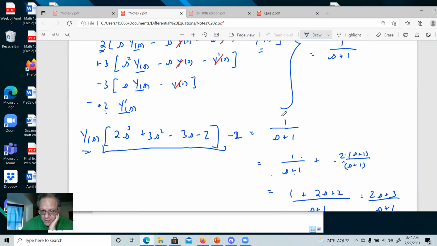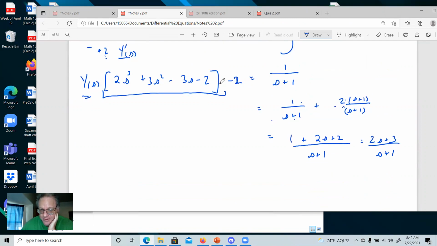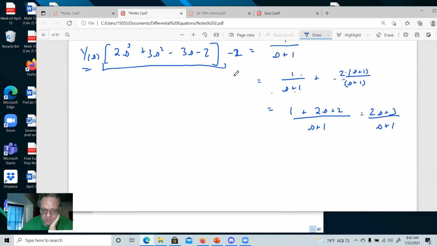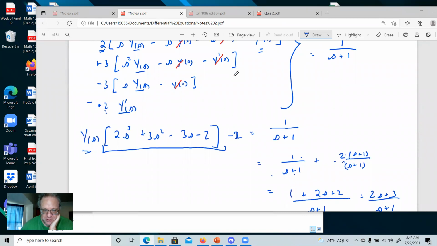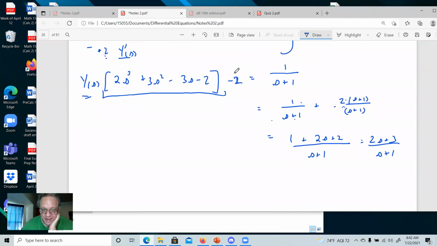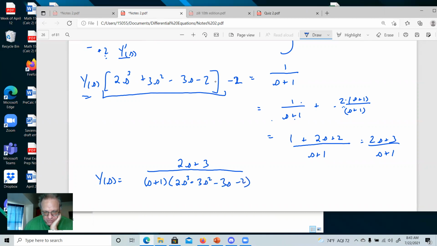All right. So this is it. Everybody will ask me, is there an easy way to do this problem? No, this is it. This is awful, and it's just the way it is. So we have 2s plus 3 over s plus 1, and then here we have 2s cubed plus 3s squared minus 3s minus 2.